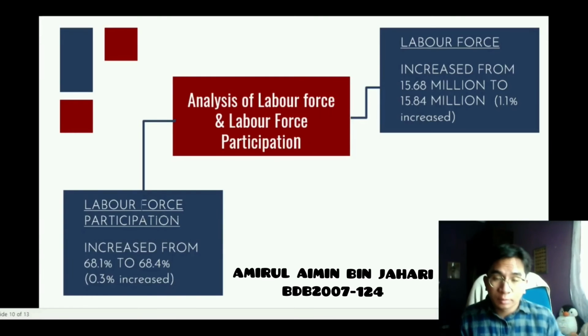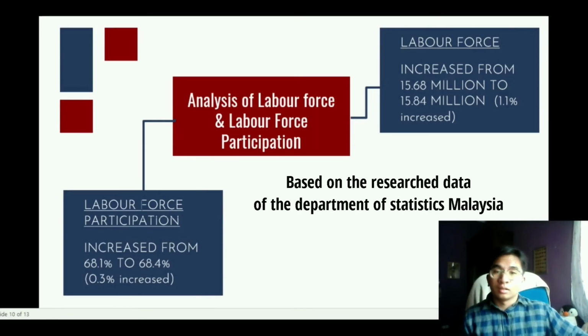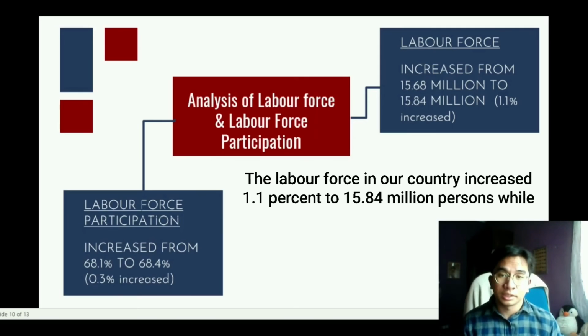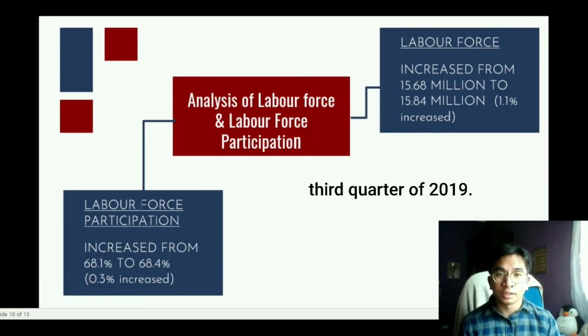And now I'm going to talk about the analysis of labor force and labor force participation. Based on the research data of the Department of Statistics Malaysia, the labor force in our country increased 1.1% to 15.84 million persons, while employed persons decreased by 0.4% to 15.10 million persons as compared to the third quarter of 2019.